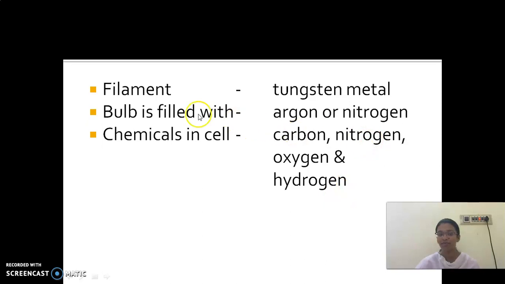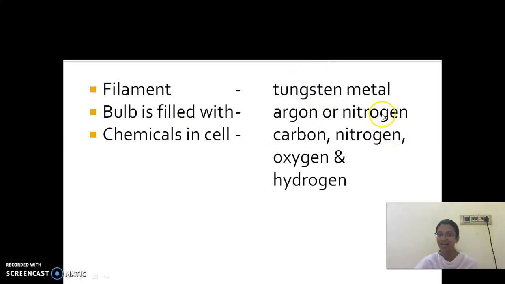It is important. Filament. I told you about the bulb, right? The structure of the bulb. We have a filament inside that, which is made up of a metal called tungsten. What is the filament made up of? It is made up of tungsten metal. And the bulb is filled with gas. The gas can be either argon or nitrogen.